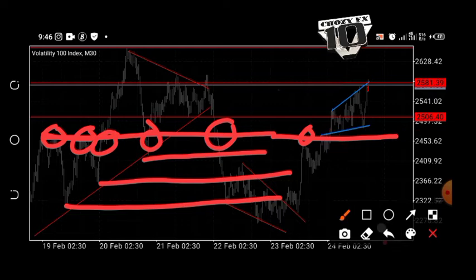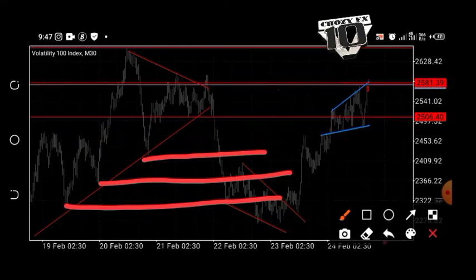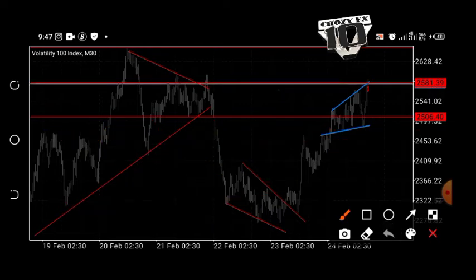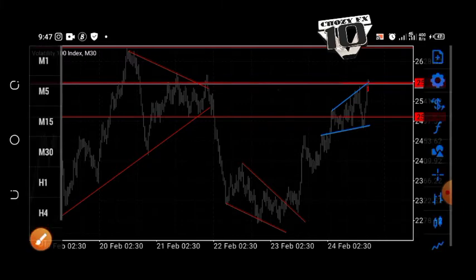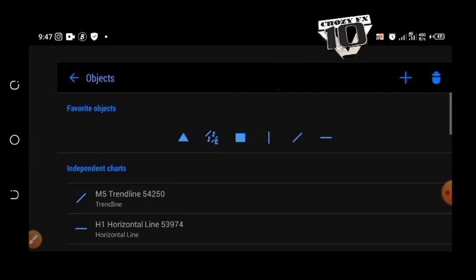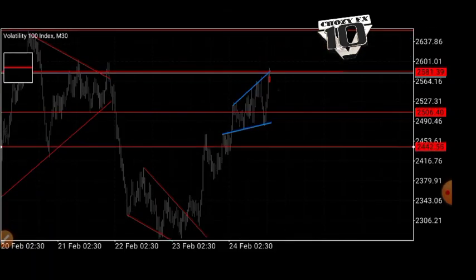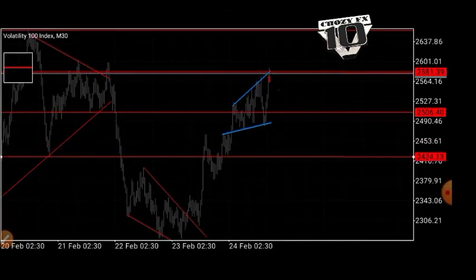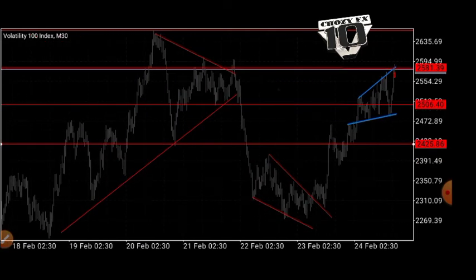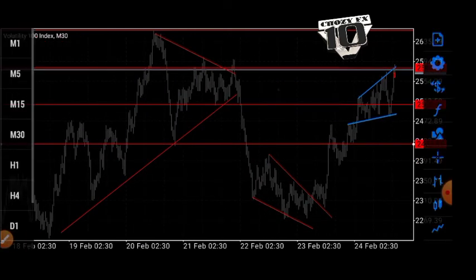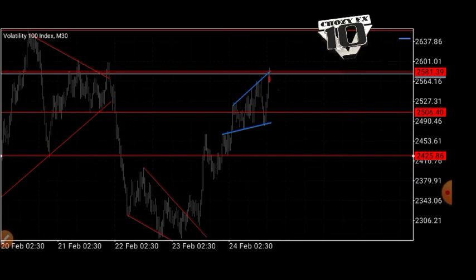So let's just remove this and use our actual tools, which are these, right? So we're looking at this one, right? That level. We're looking at, where is it?